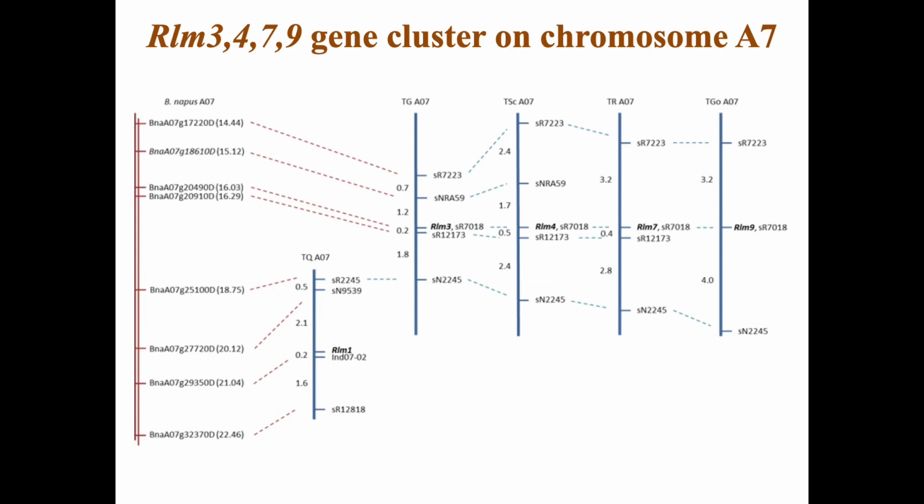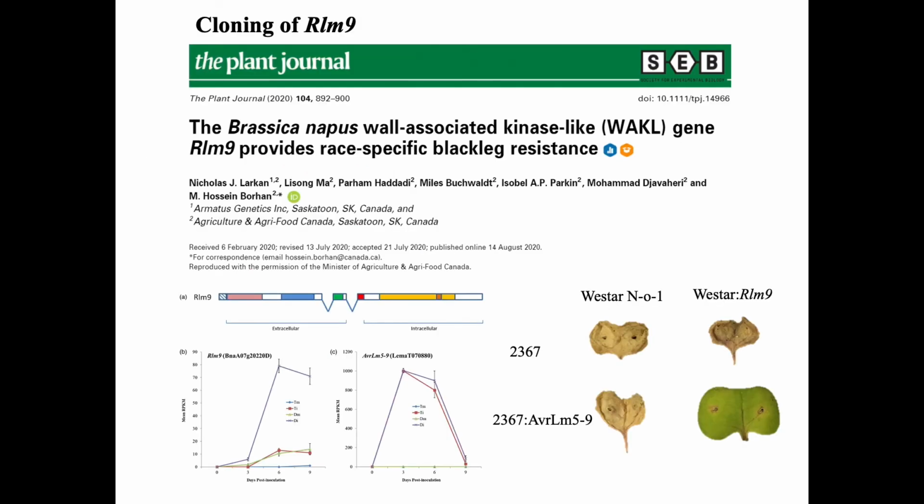So, back to RLM3, 4, 7, and 9. They are all on A7, tightly linked to each other. We recently published RLM9, and we showed that, unlike the two previous ones, RLM3 and RLM2, that were RLP receptor-like proteins, RLM9 turned out to be a wall-associated kinase-like gene.